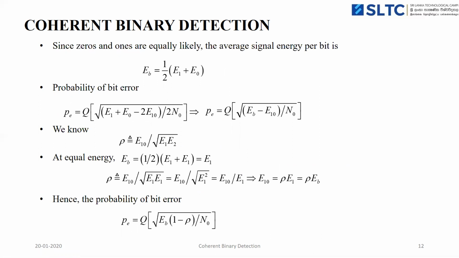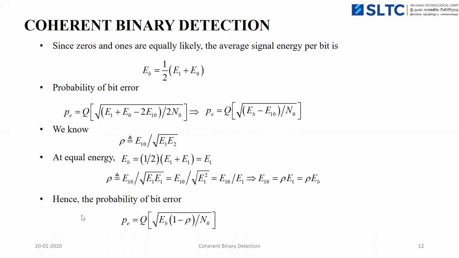Since the binary zeros and ones are equally likely, we can measure the average bit energy. Average bit energy Eb equals the summation of E1 plus E0 divided by 2, where E1 is the energy of bit 1 and E0 is the energy of bit 0. We add them and divide by 2, which gives the bit energy.